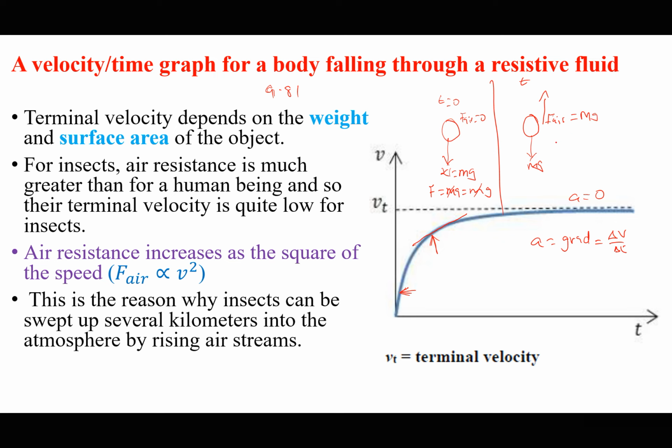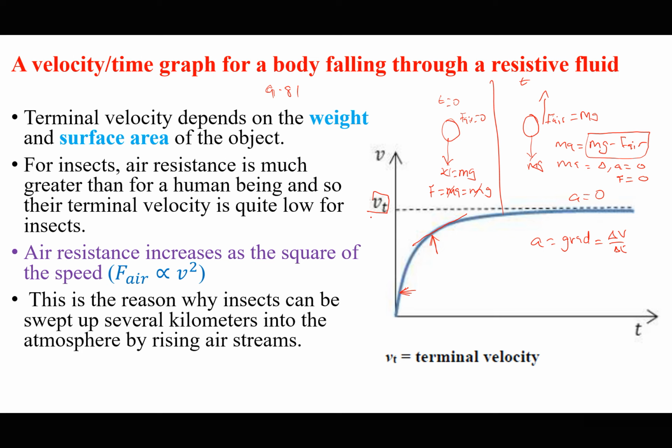At that point, the resultant force ma is equal to mg minus the force due to air resistance. But at this time, the force due to air resistance is equal to mg, which means this part here is going to be 0. And when ma equals 0, it means the acceleration is equal to 0 because the resultant force will be 0. And this means the velocity is going to be constant. And that constant velocity is what we call the terminal velocity.